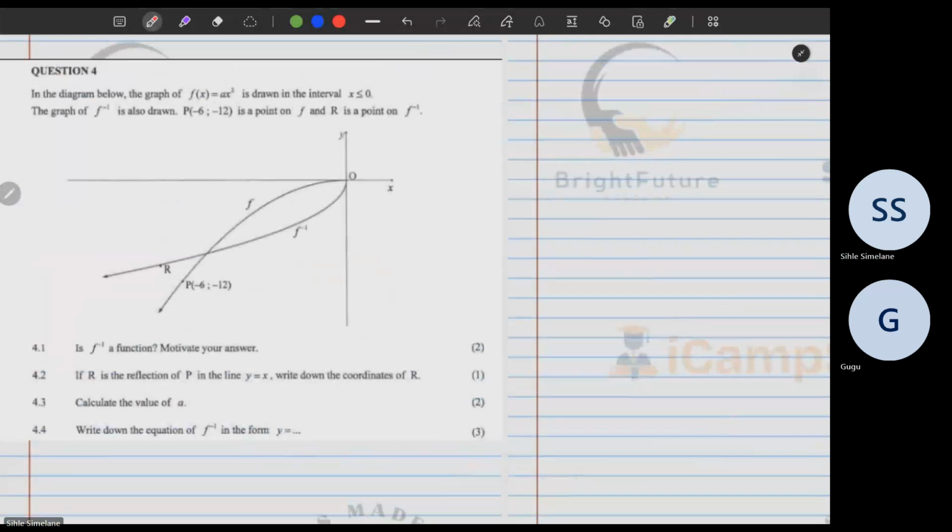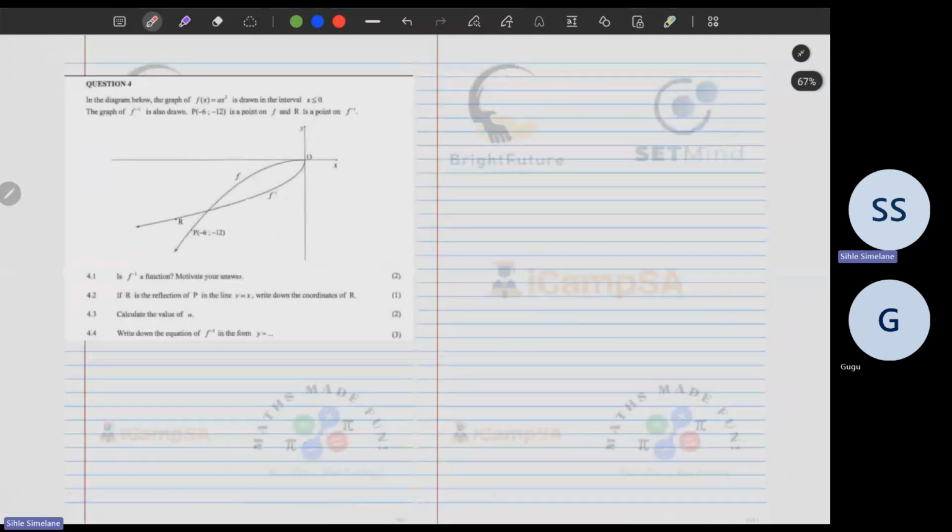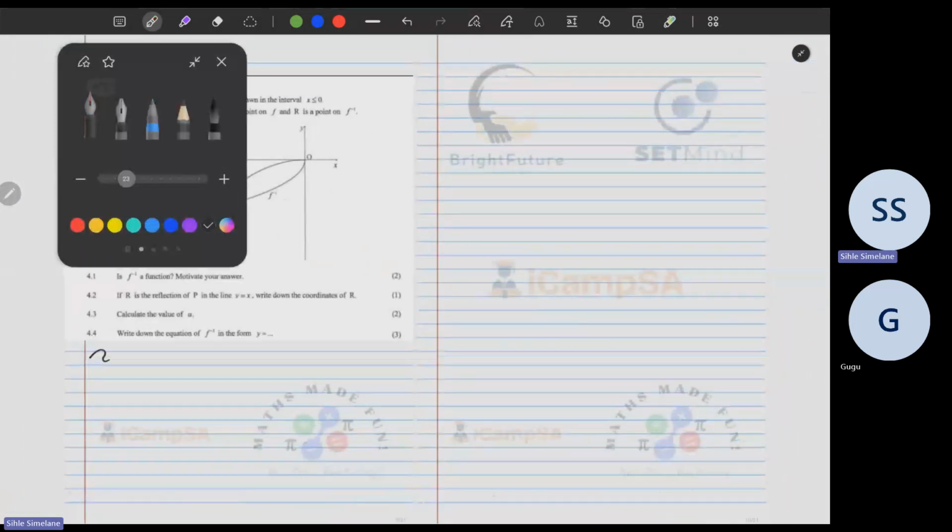And the inverse is also drawn. The point P, which is (-6; 12), is a point on f, and R is on the inverse. They ask us, is f minus 1, the inverse, a function? What do you think about question 4.1?